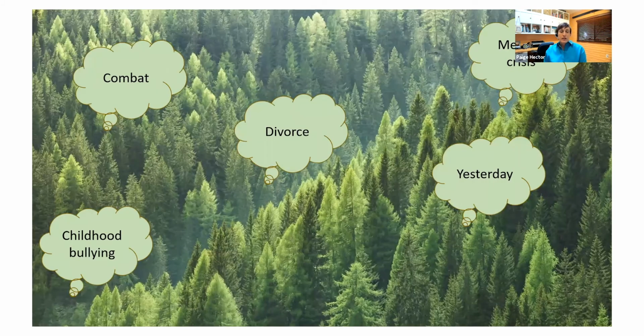So I showed this slide in the foundation slides, but again, it fits very nicely in trauma screening, in that in and of themselves, any one of these things could be related to a trauma. I mean, going through a divorce or being in a combat situation, bullying as a child, a medical crisis, all of these can bring up traumatic experiences and trigger them.